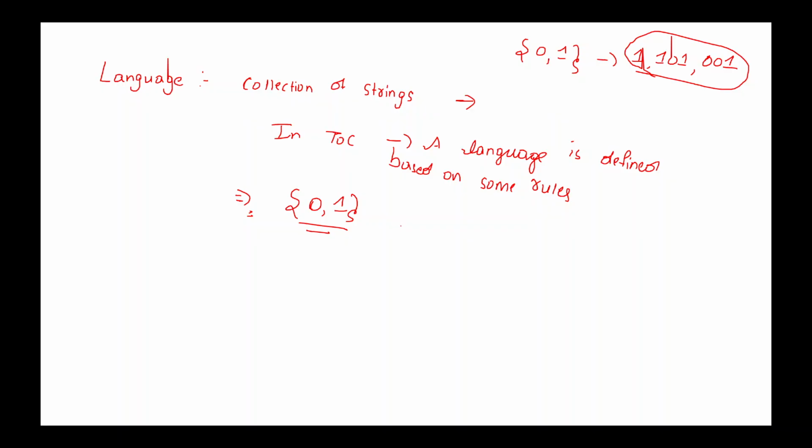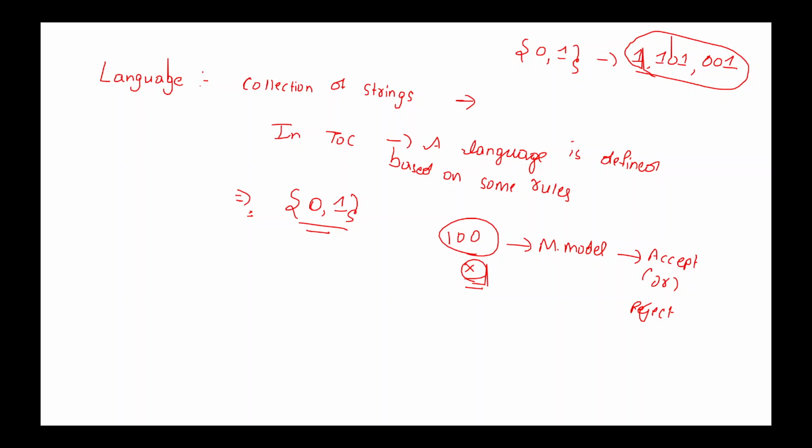Suppose I say there is an input string called 100. Do you think our mathematical model should accept this or reject this? According to our rule, this should not be accepted. Why?